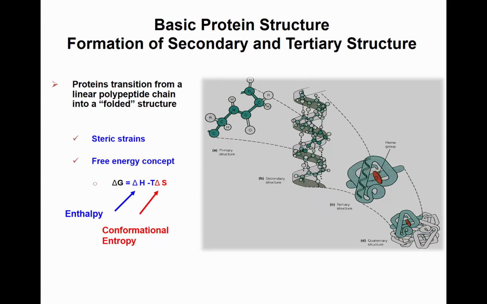You've probably seen delta G equals delta H minus T delta S before somewhere in your basic courses. Delta G stands for change in energy. Delta H is enthalpy, that's the energy contained in bonds. Okay? And T for temperature, and delta S is conformational entropy, which stands for chaos.